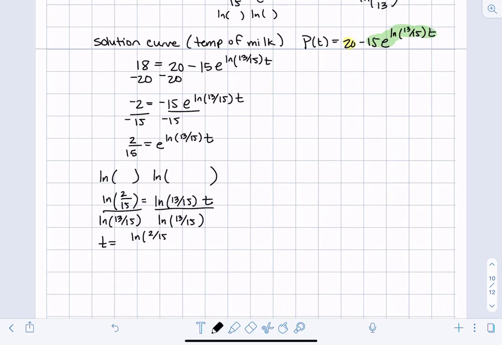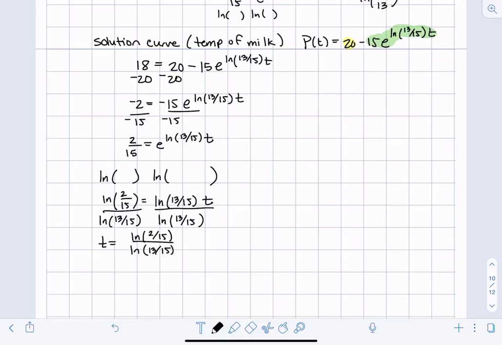And before you get too hopeful, keep in mind that there's only 3 log rules. As much as it's tempting to think that there's more than 3 log rules to simplify, there's not a log rule that's going to give us any sort of simplification of a quotient of logs. So this is truly just the most simple exact version of t, and then you could use a calculator to get your decimal approximate. So let's go ahead and do that.